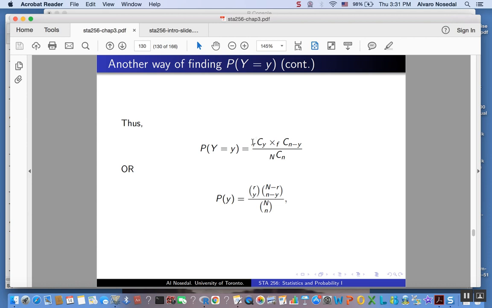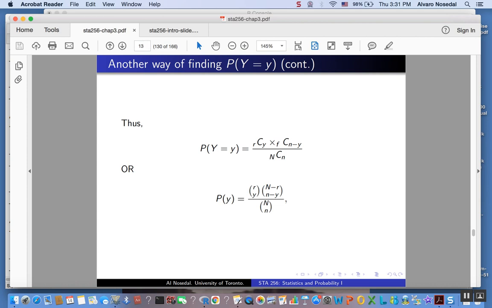R represents the number of successes in your population, and F represents the number of failures in your population. Okay, so the probability of observing exactly Y successes is R choose Y times N minus R choose n minus Y, right? Divided by N, uppercase N, choose lowercase n. Okay?